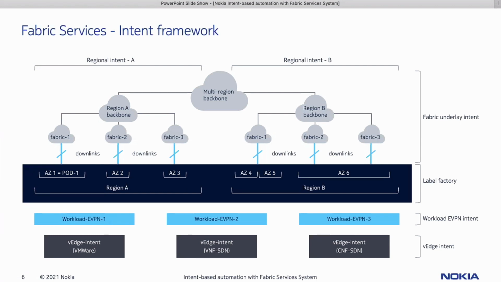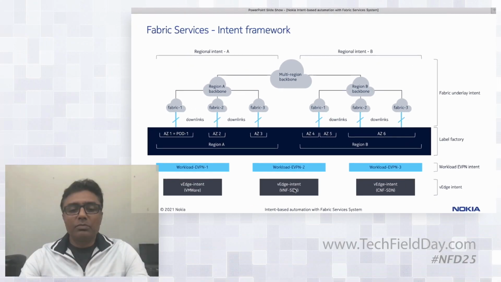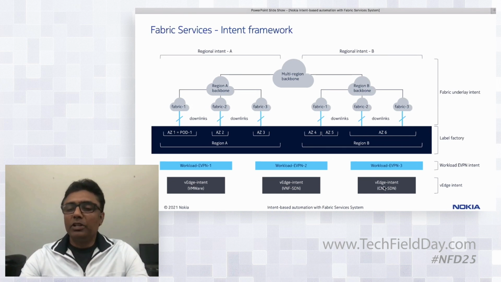That's where all the applications are running. And typically these compute clusters are using either a VMware ecosystem or an OpenStack or a Kubernetes ecosystem. And we have implementations to tightly integrate with these ecosystems and try to learn what's going on. For example, on the VMware side, as the VMs come and go or as the containers come and go, we would automatically do the needful on the network side.